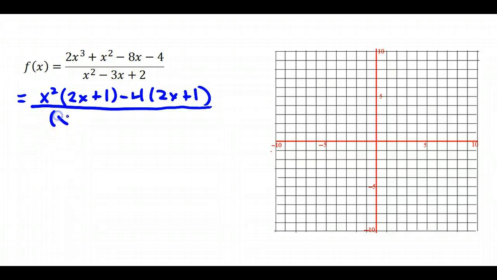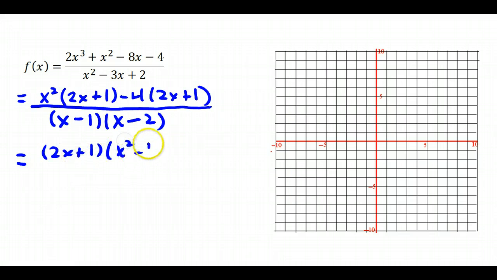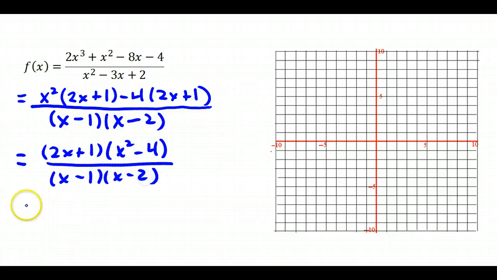And then the denominator is going to factor into x minus 1, x minus 2. And so on top I can take a 2x plus 1 out, leaving me with x squared minus 4. Underneath I already have it factored, so I don't do anything, and I can factor one more time on the numerator.